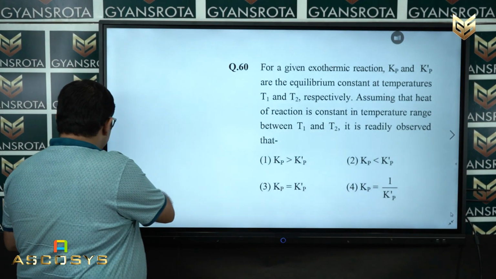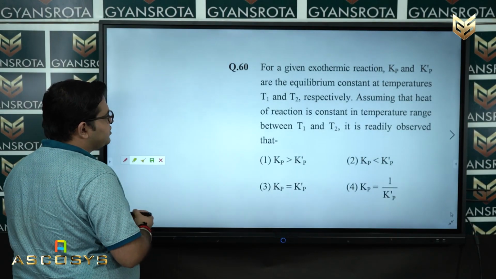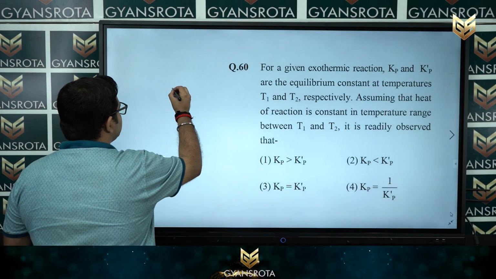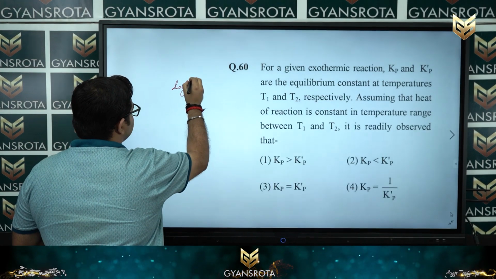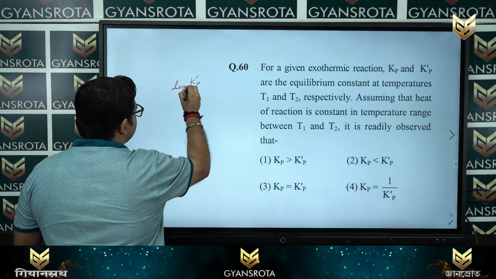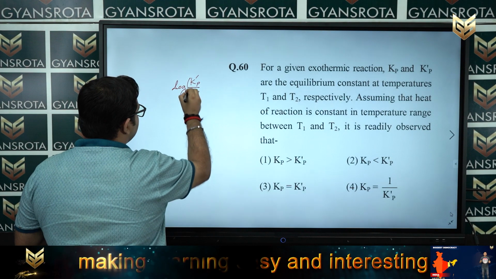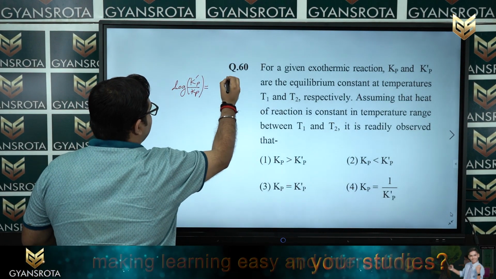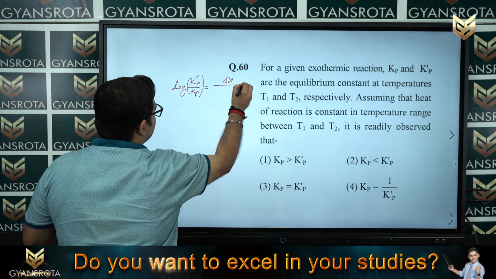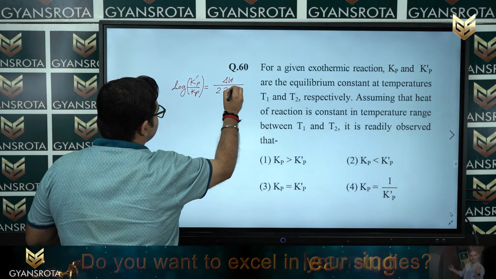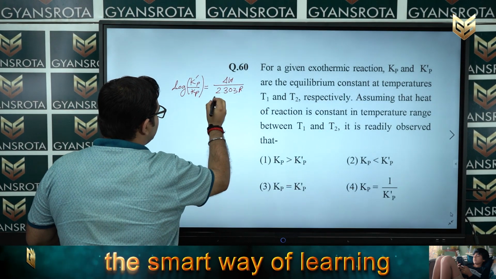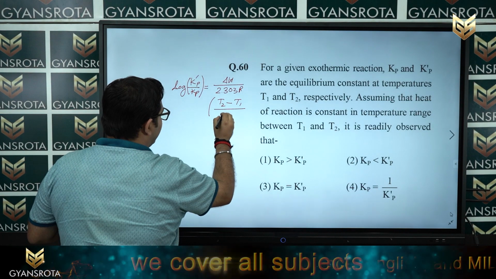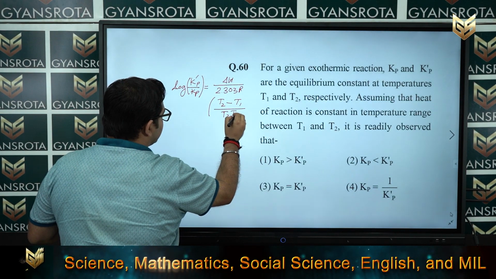This question basically comes from the equilibrium chapter of your class 11 NCERT, and the formula which we are going to use here is log of K dash P by Kp equal to delta H divided by 2.303 R into (T2 minus T1) divided by T2 T1.